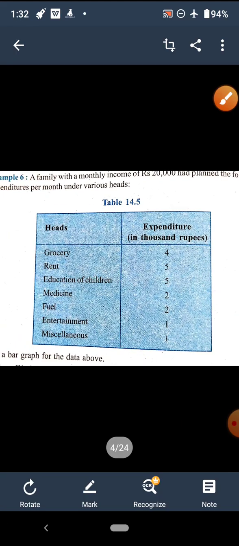Now you can see the question here. A family with a monthly income of rupees 20,000 has planned the following expenditures per month under various heads. The variables are grocery, rent, education, medicine, fuel, entertainment, miscellaneous.